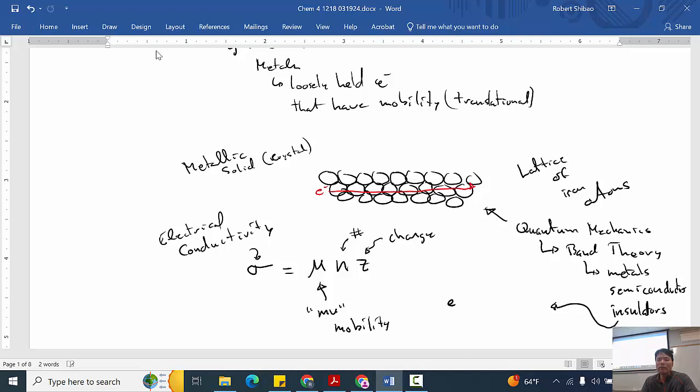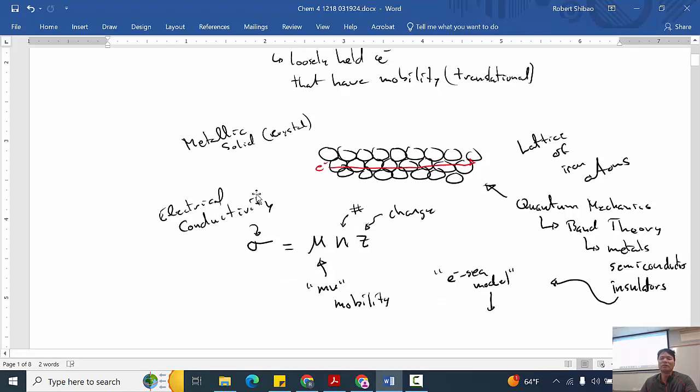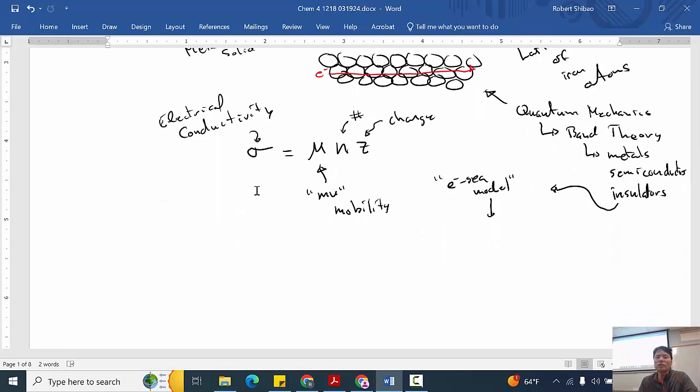That would be called the electron sea model, which is a very simplified version of band theory. In the electron sea model, we look at the iron atoms. There's a nucleus in the center of each iron atom, which I'll represent as this little dot here.